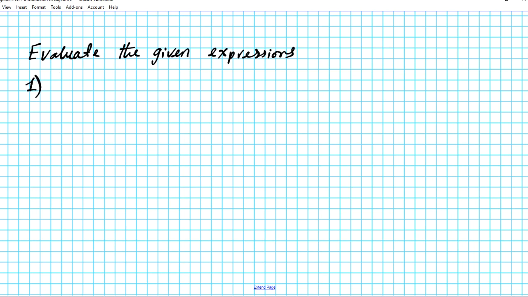Number 1, what if we have the expression (-4 plus 6) divided by (-2 times (4 minus -6 times -1) minus 5)?